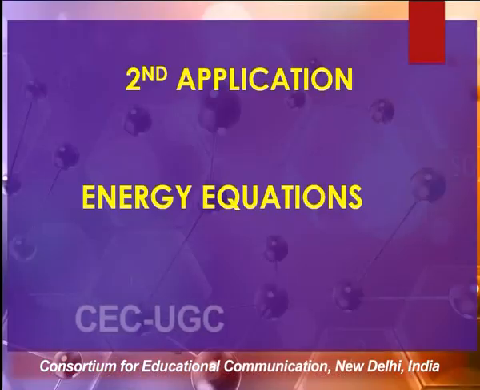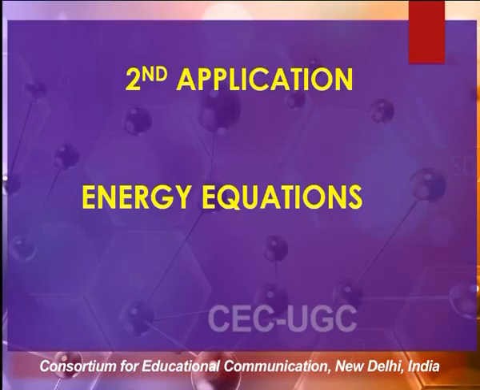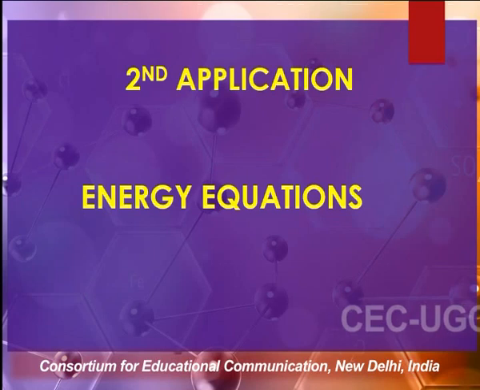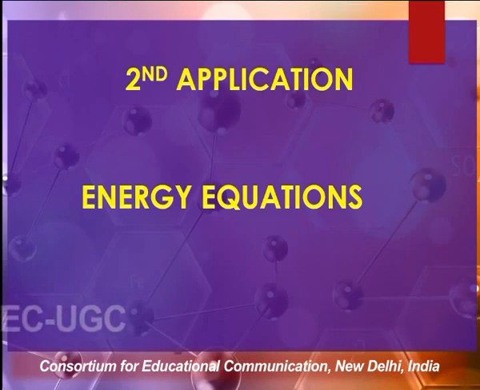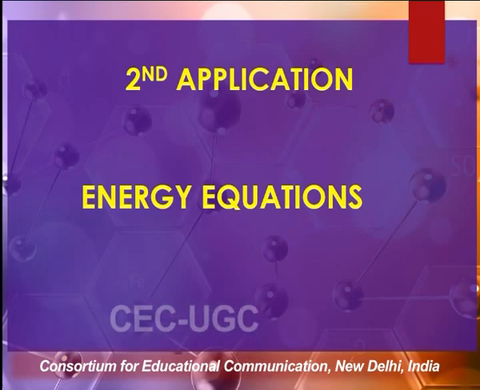Now let me move on to the second application of the Maxwell's relations or the thermodynamic potentials, which is very important: energy equations. To derive the first energy equation, let me consider the following.